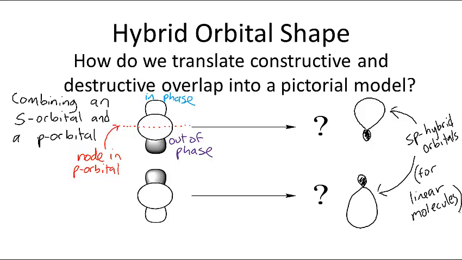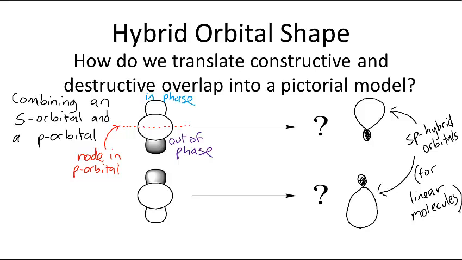So this is the main concept behind hybridization. You can take the atomic orbitals, put them together, and get new orbitals that have different shapes. And those shapes can be more convenient for us to imagine making bonds to atoms.